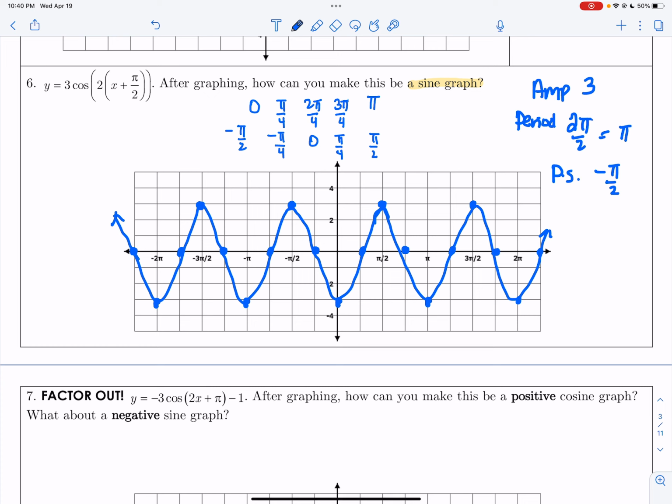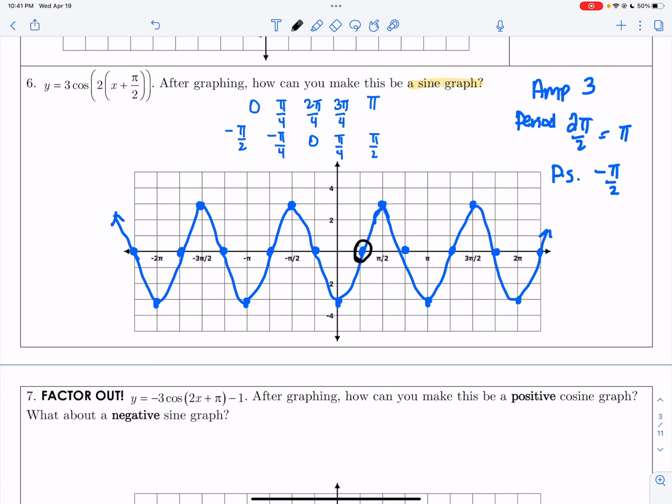Trying my best, and once we get that, the question's asking us, how can I make this a sine graph? Well, in order for me to make it a sine graph, I need to make sure that it starts at my midline, and I go high first. So out of these points right here, notice how at pi over 4, it starts on my midline, and then it goes up.